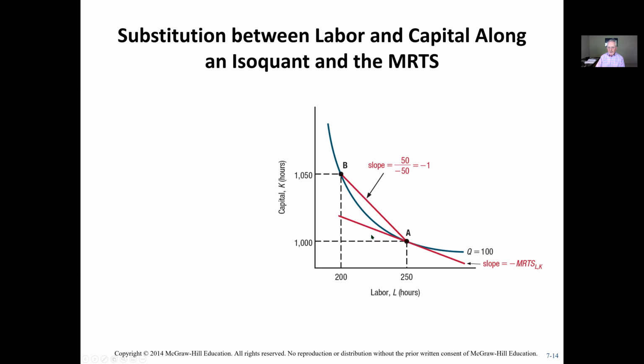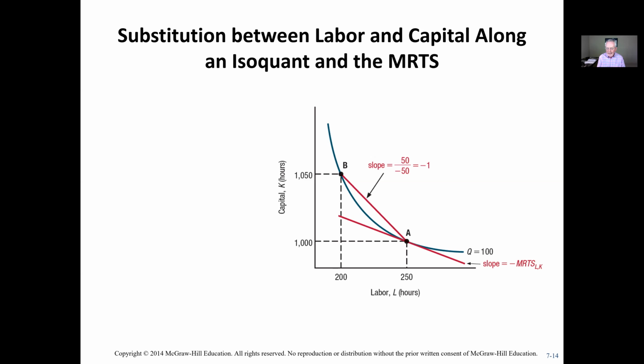If the slope of the isoquant at this point was -1/2, so the slope of this line here, tangent to the isoquant at point A, was -1/2, that says that we can substitute labor for capital at a rate of 1/2 capitals per unit of labor.